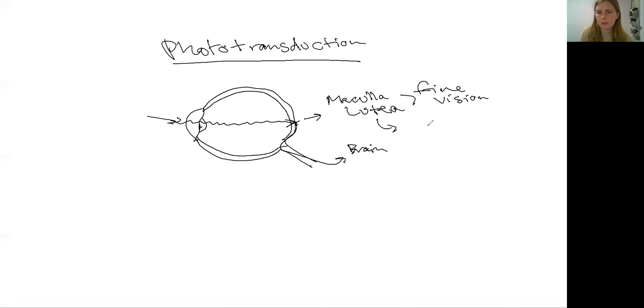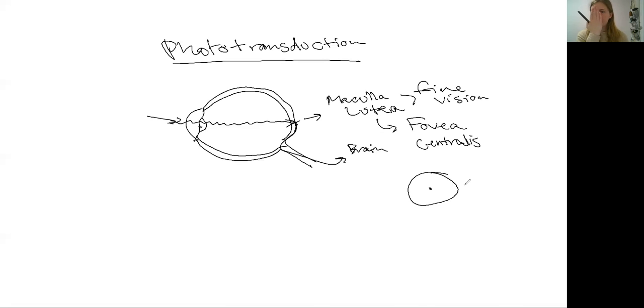And right in the middle of the macula lutea is the fovea centralis. If that's your macula lutea, that was a terrible circle, then right in the middle of it, that's your fovea centralis. And the fovea centralis is like your super fine vision.